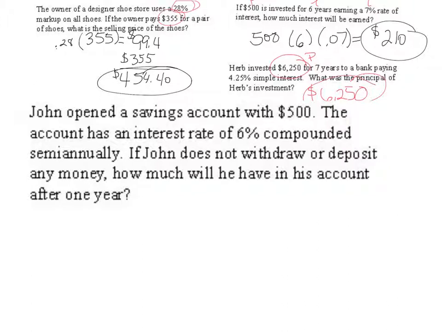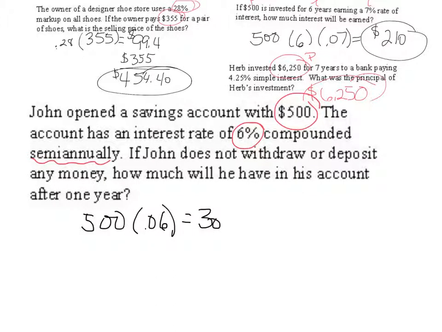John opened a savings account with $500. The account has an interest rate of 6% compounded semi-annually. If John does not withdraw or deposit any money, how much will he have in his account after 1 year? So he's going to have 2 compounding periods. So at the end of the first 6 months, he's going to add 500 times 0.06. He's going to add $30 to the 500 he already had.